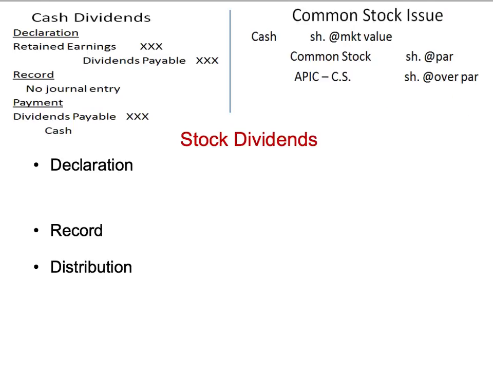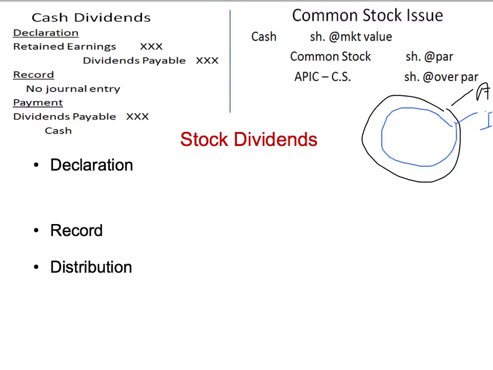The first one, you will have shares authorized. That's the maximum amount that you can issue without asking for permission to issue more. The second one that fits right in is the shares that have been already issued.